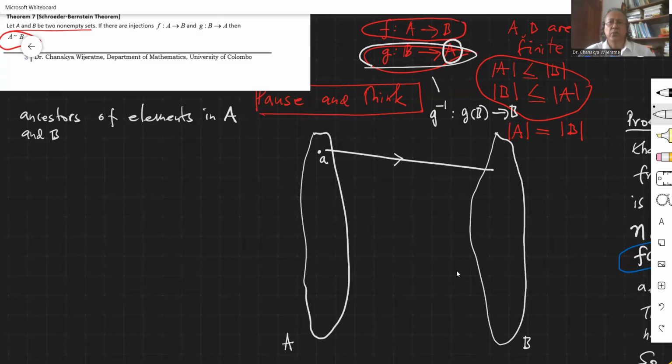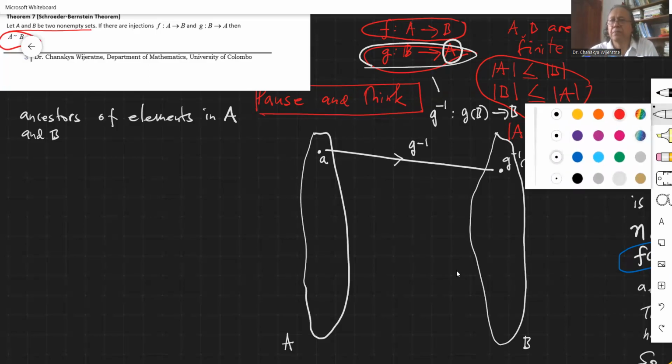So we go via g inverse, and this element g inverse of a is called the first ancestor of a.